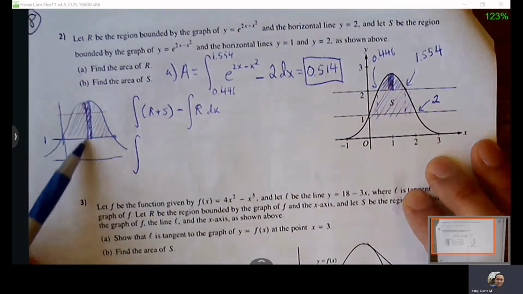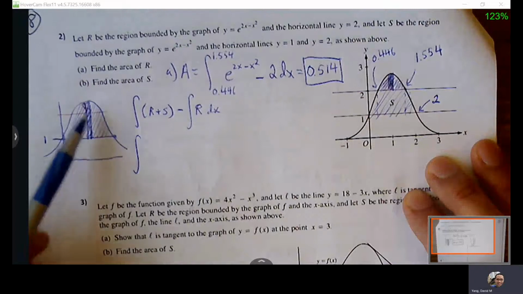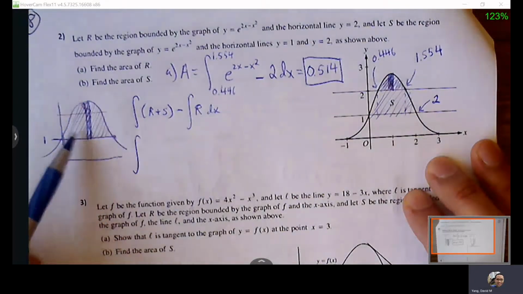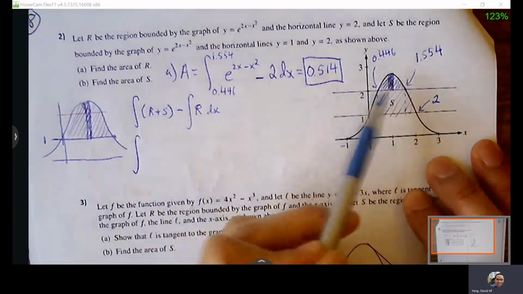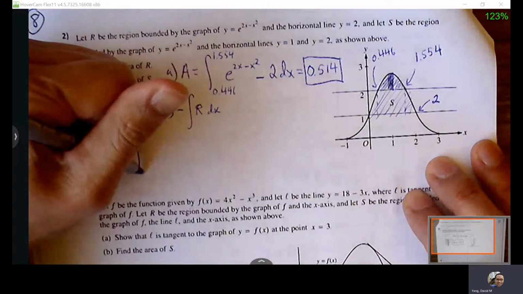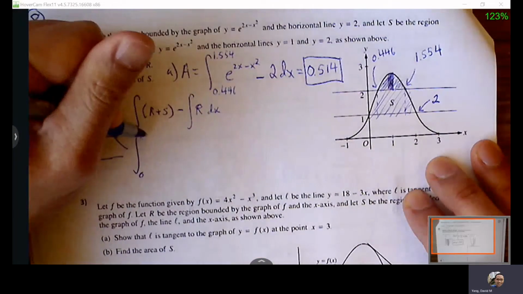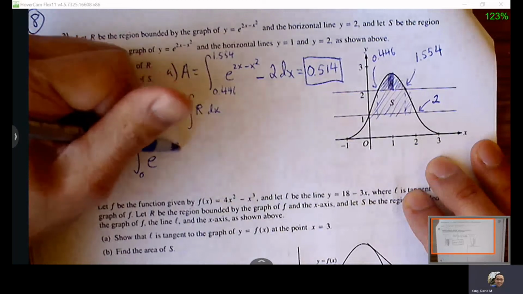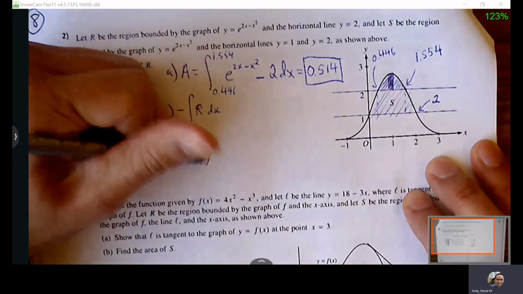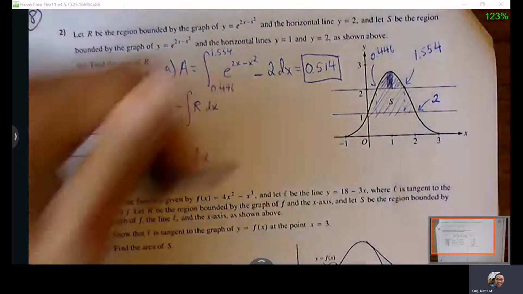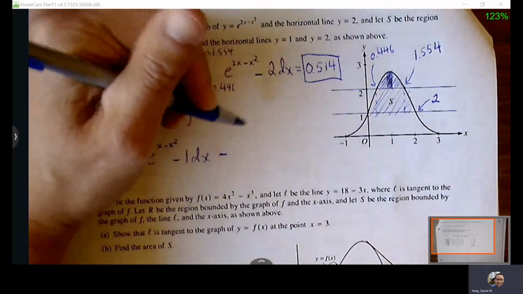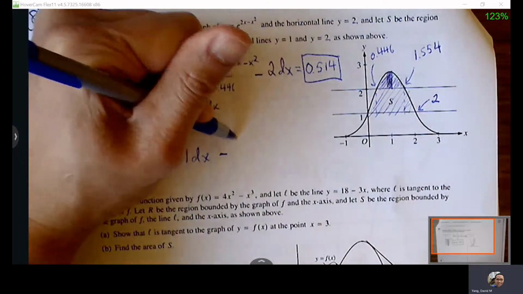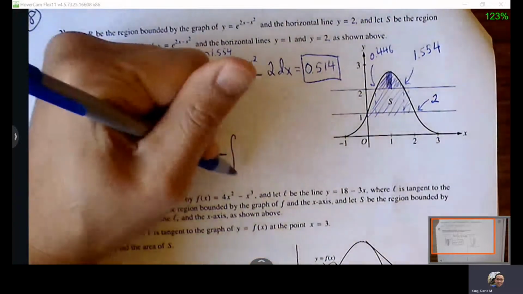Top minus bottom is going to be the curve minus 1. So we're just finding that full region first, ignoring that little region for now. And then we can subtract out that region that we found from part A.